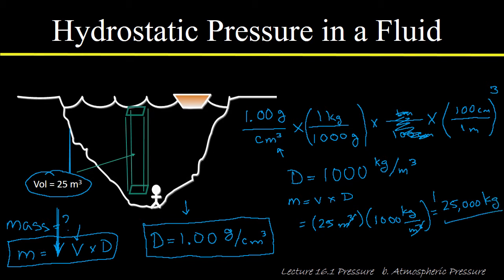That's a lot of mass. You probably wouldn't have guessed that the mass of the water in this little column right here was quite so high. Okay. All right, so we're almost there.